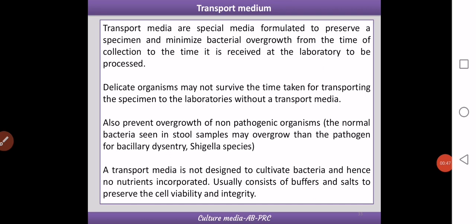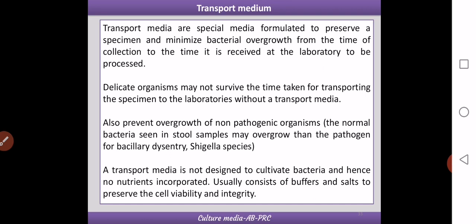Transport media, actually this one is not a nutrient media. It's not designed at all for cultivation of microorganisms, but for providing a protective type of media which is used for the transportation of a specimen from the site of sample collection to the laboratory without affecting the organism's features, right?